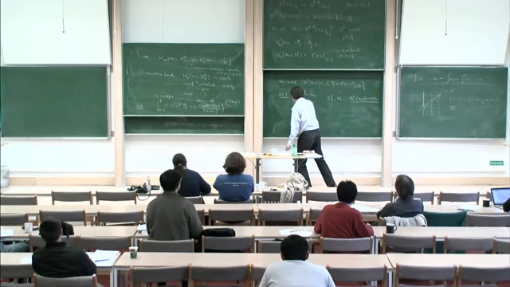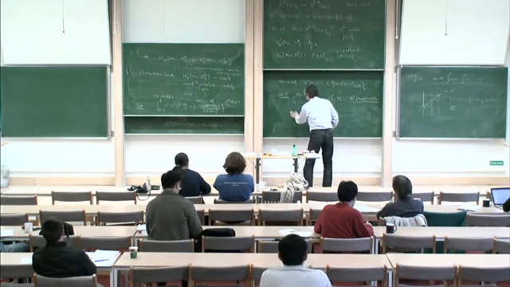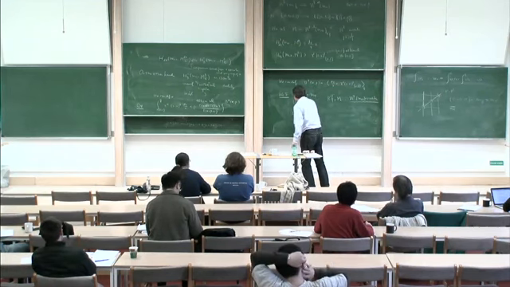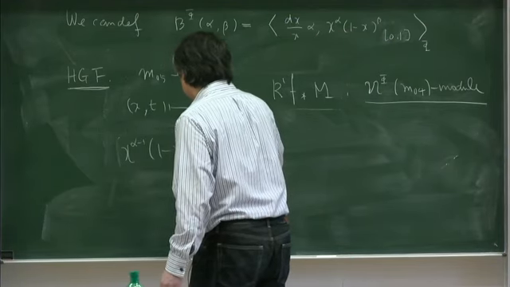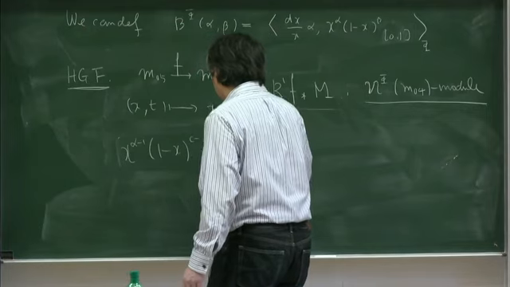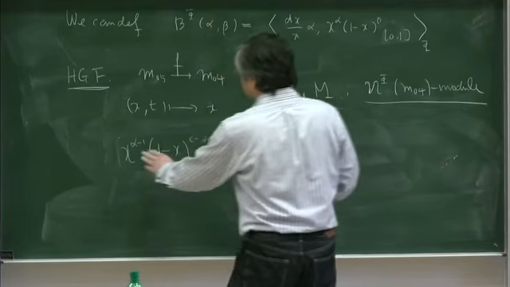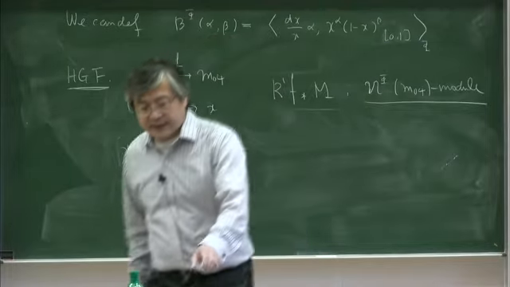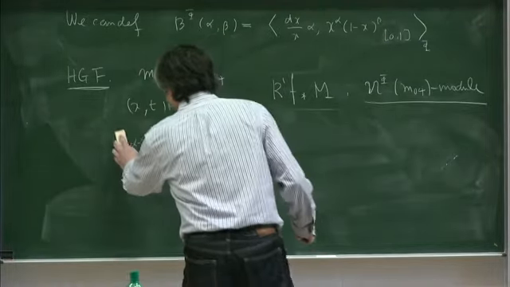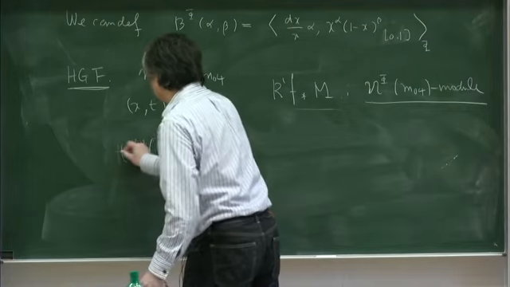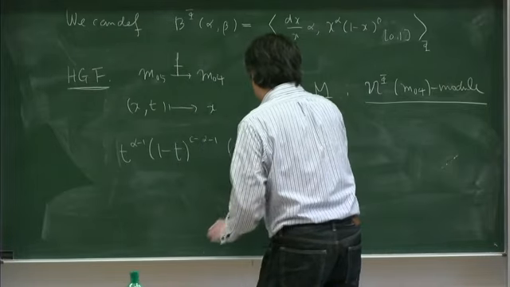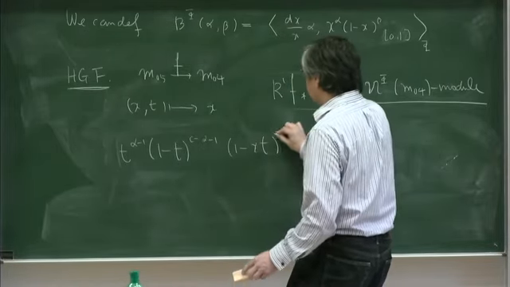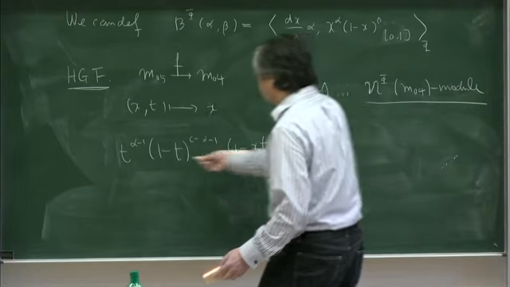So the sheaf is x to the alpha, 1 minus x to the c minus alpha minus 1, and 1 minus t x to the minus beta. So the integration is over t. So it's 2F1.